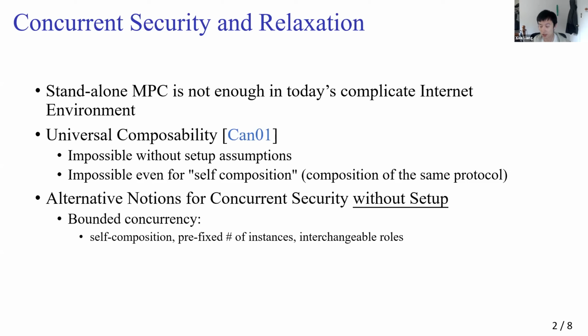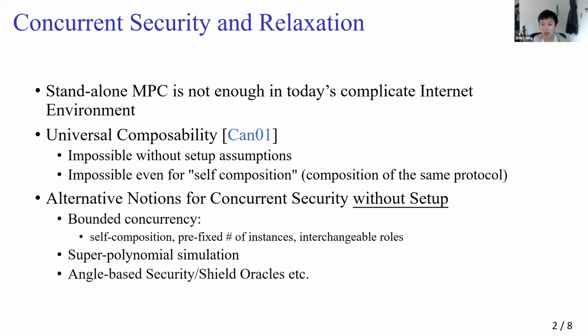So this is sometimes called security with interchangeable roles. And there are also other notions such as SPS security, which means that we give up a little bit on the security side. The simulator now can run in super-polynomial time. And there are other notions which I won't mention here, but this work is only on bounded concurrent security.